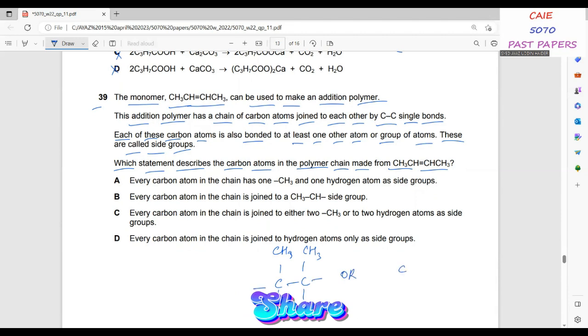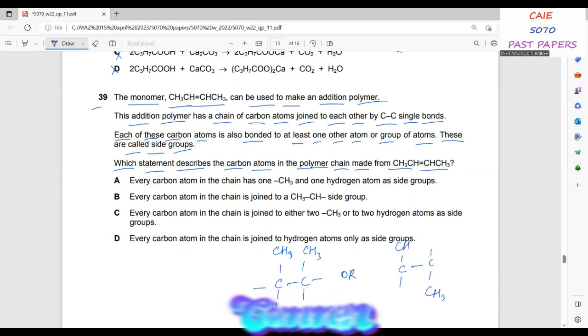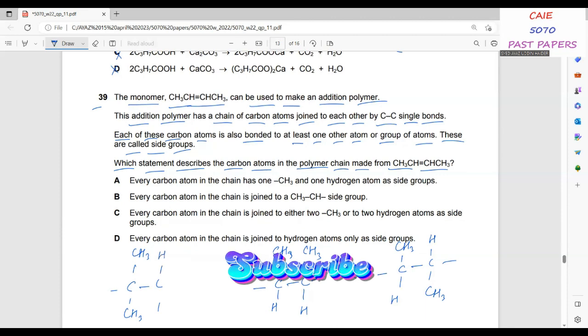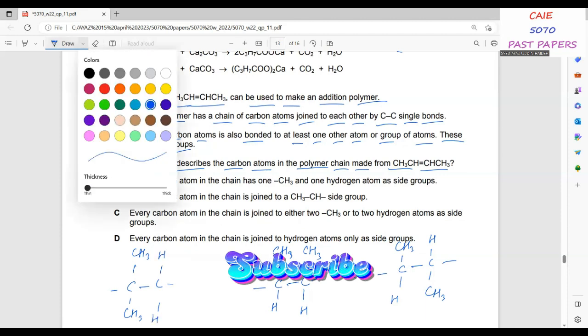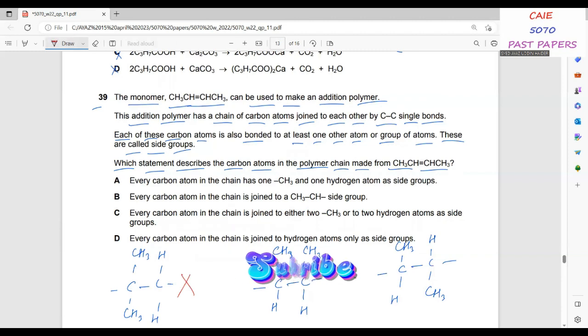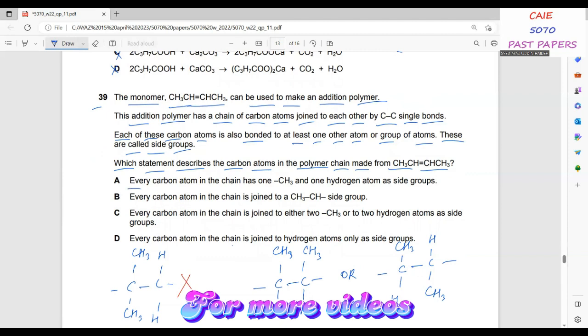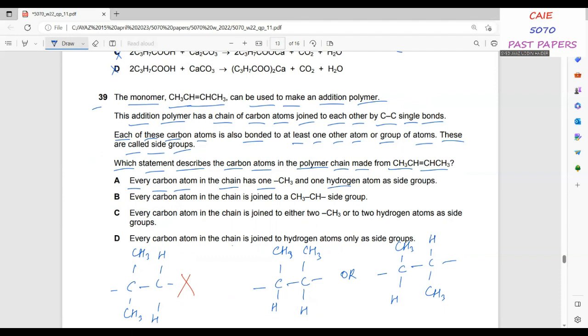You will definitely get this polymer. Or this is also correct. But remember, you can't have CH3 on a single carbon atom here, as you can see from its monomer. So this is wrong. Now I'm reading the statements. A, every carbon atom in the chain has one CH3 and one hydrogen atom as side groups. Yes, this is correct.